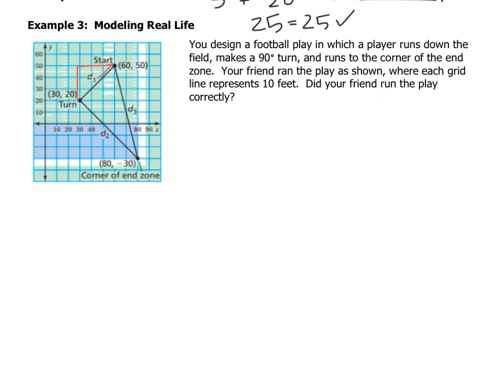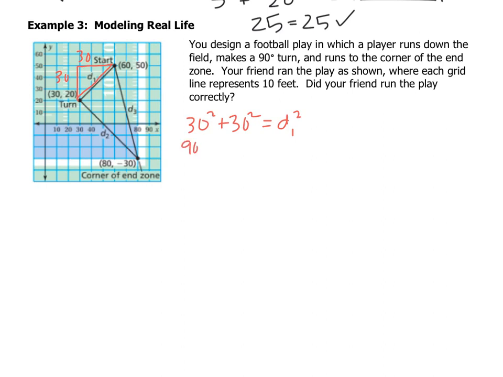So there's my triangle. And it looks like it's 3, which is really 30, right, because it tells me that each box is worth 10. And then across is 30. So in order to find D1, I'm going to do 30 squared plus 30 squared equals D1 squared.